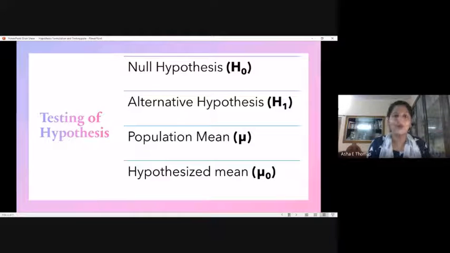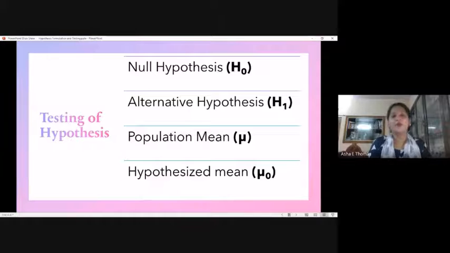But the hypothesized mean is nothing but the sample mean, which I take from my sample. It is actually the average value I got from my selected sample for my study.